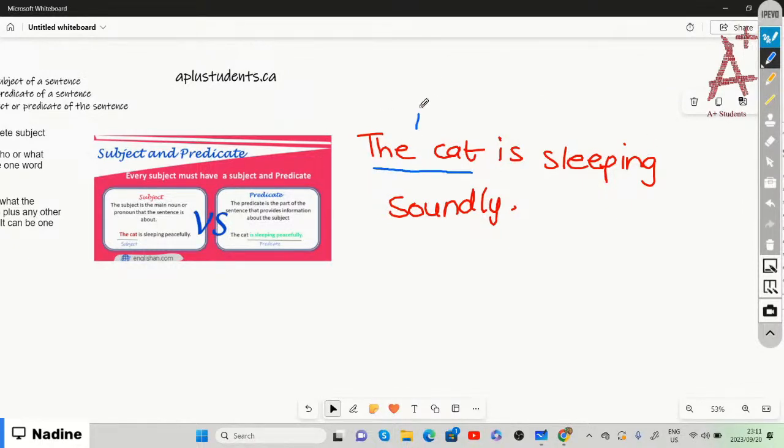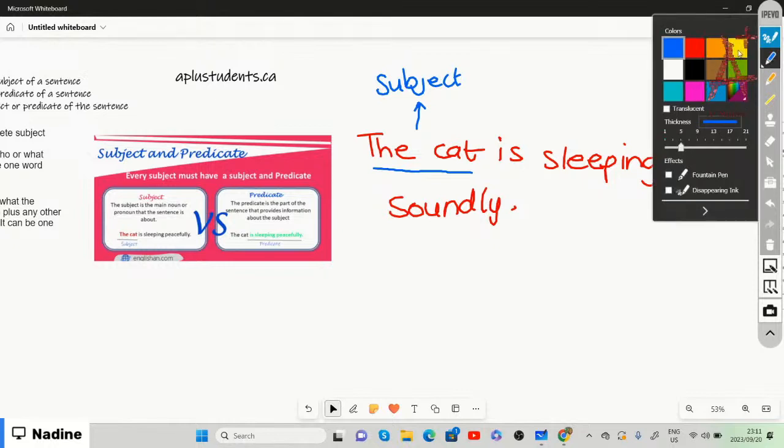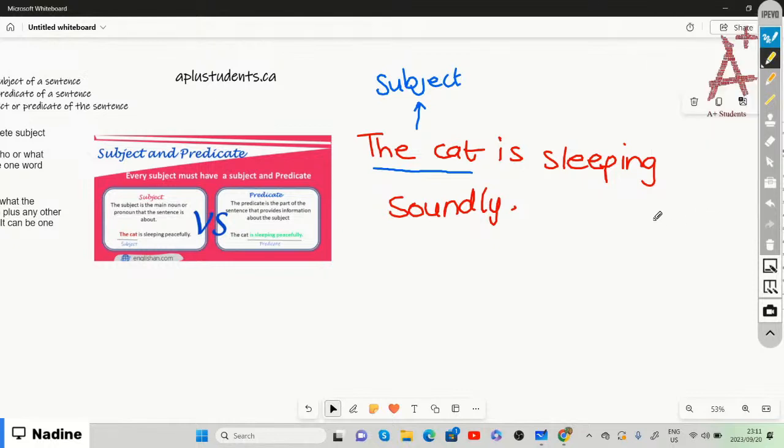So I'll put there, subject. We are discussing the cat. And if we were to identify the predicate, or let's say the verb within the sentence, the cat is sleeping soundly, sleeping being a verb, but this whole part, what I underlined with yellow, is our predicate.